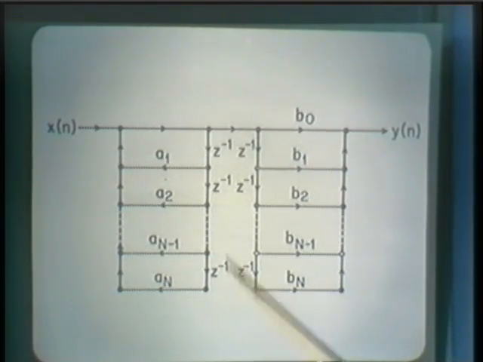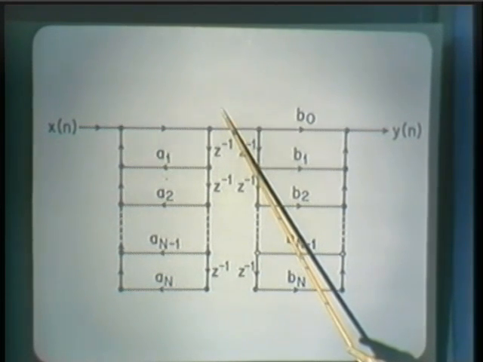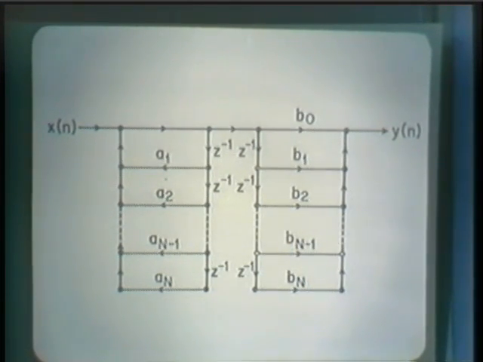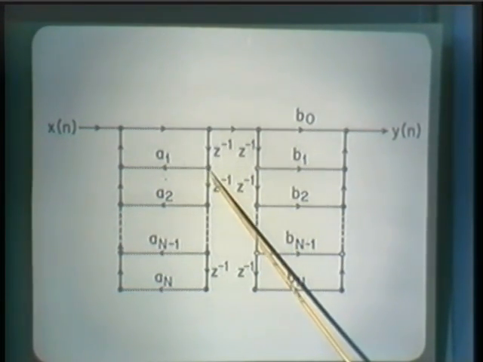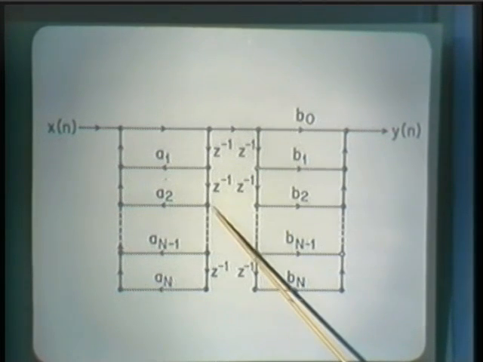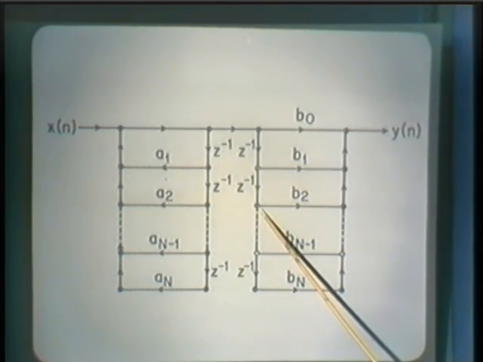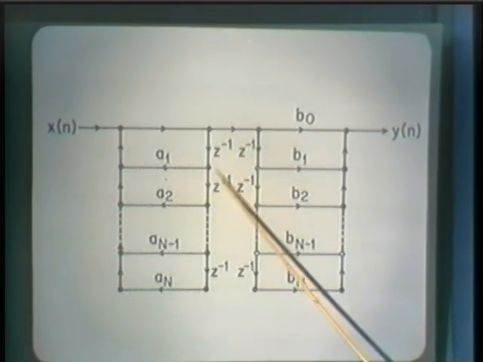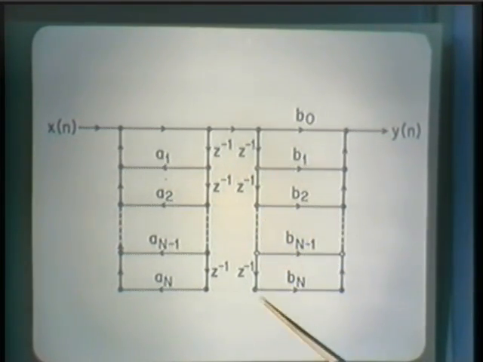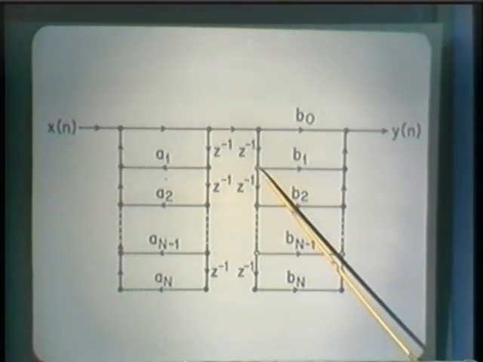Now, what does that mean? Well, if we consider this output to be y1 of n, it's the y1 of n that we had defined in the previous slide, the value appearing here is y1 of n minus 1, but the value appearing here is y1 of n minus 1. The value appearing here is y1 of n minus 2, and appearing here is y1 of n minus 2. And in fact, following this chain down, what we observe is that the output of this delay is exactly the same as the output of this delay.